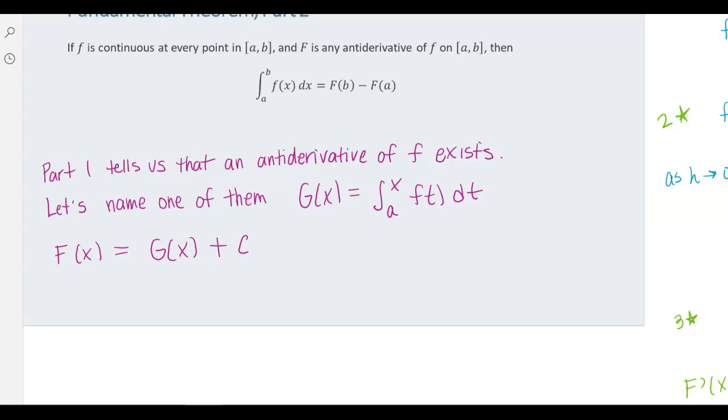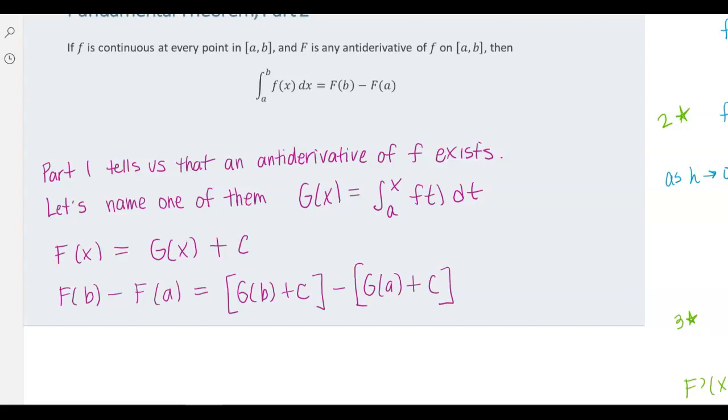Okay, so let's calculate F of b minus F of a. I'm starting on the right-hand side, and I want to show that I'm going to end up with what's on the left-hand side, show that these are actually, in fact, equal. So F of b minus F of a, using the definition we just put together, is going to be G of b plus some c, and then minus G of a plus some constant c.